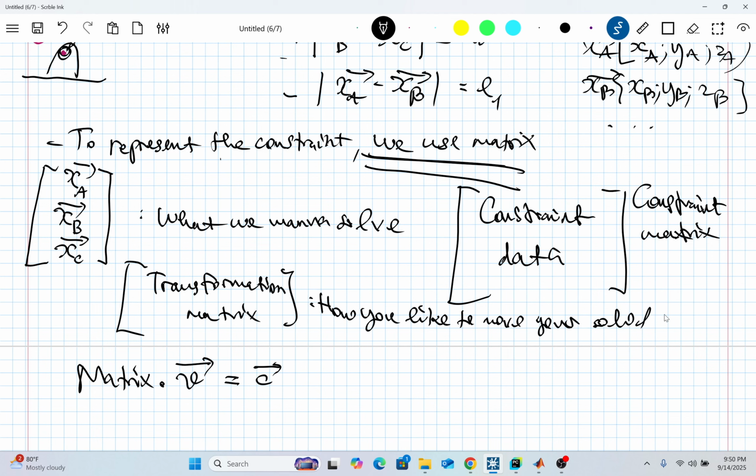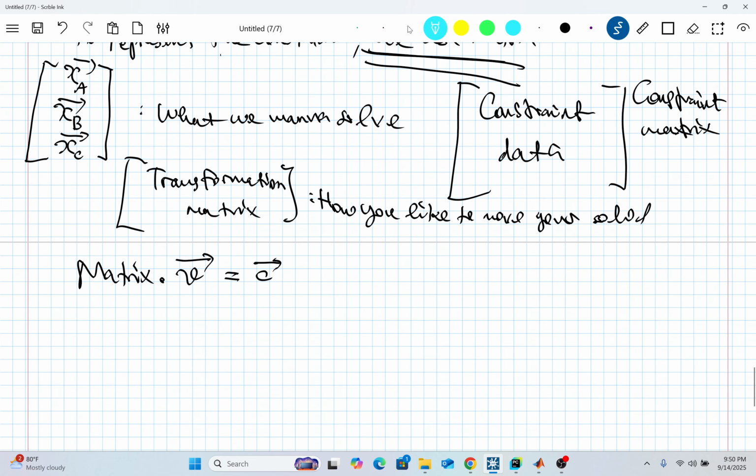A matrix is a mathematical entity in which you can store data and vectors, and you can let the matrix interact with vectors or with other matrices in order to get the result you want. You will have to learn linear algebra in order to use these matrices, but I would say that this is the core of rigid body simulation.